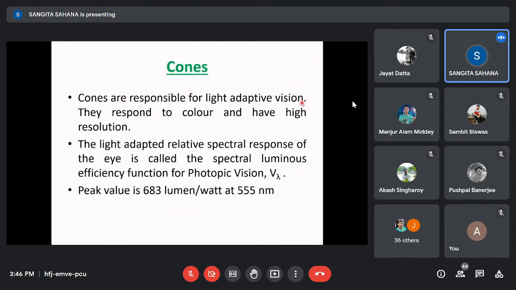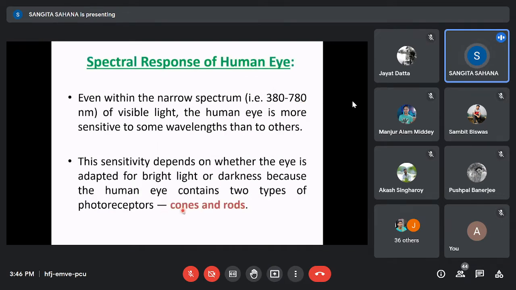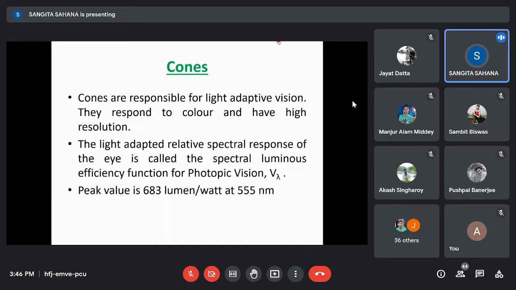So as I told, there are two receptors, one is cone and another is rod. So you know about sensors and detectors, right? You have studied about sensors. So these are just like two sensors present in our eyes, which can detect this particular wavelength. So cones are responsible for light adaptive vision. That means when our eye is subjected to a high light level, then the cones are functioning, and that vision is called photopic vision.